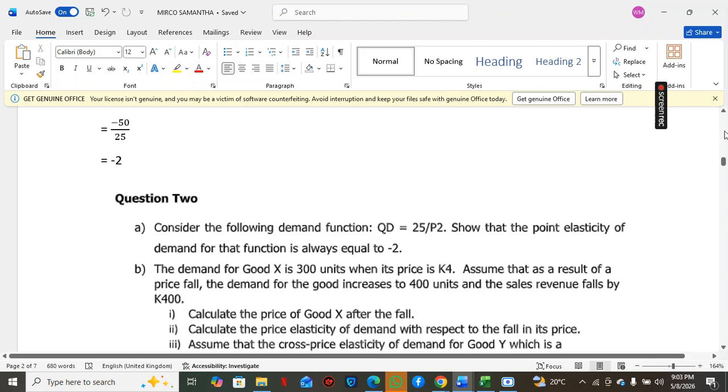How the quantity demanded of one good is affected by the price of another good. That is what cross price elasticity of demand is. Cross price elasticity of demand helps us determine if goods are substitute goods or if goods are complementary goods. Colleagues, what are complementary goods?